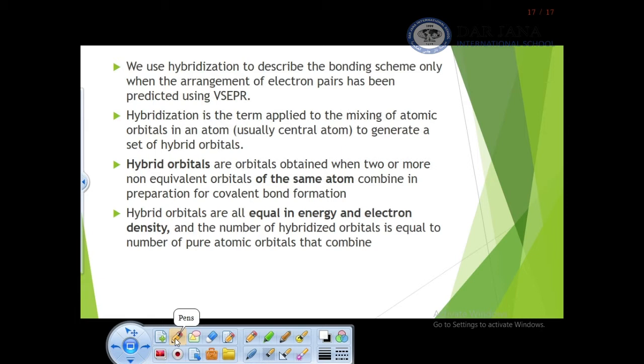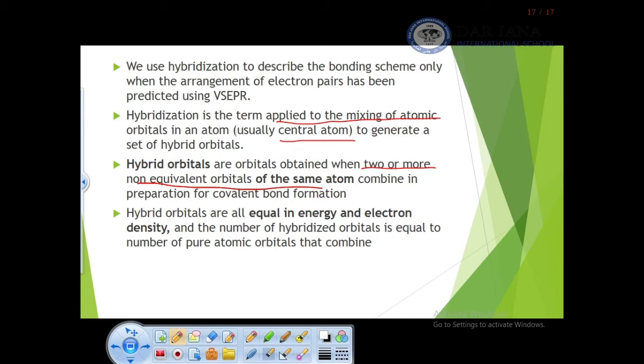So hybridization is the term applied to the mixing of atomic orbitals in an atom, and basically we are talking about the central atom, of course, not the terminal atom. Okay? So hybrid orbitals are orbitals obtained when two or more non-equivalent orbitals of the same atom combine in preparation for covalent bond formation.